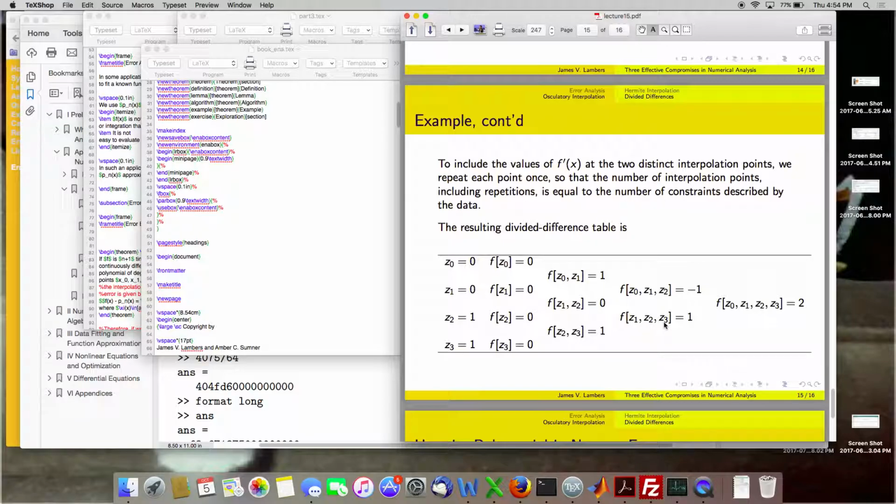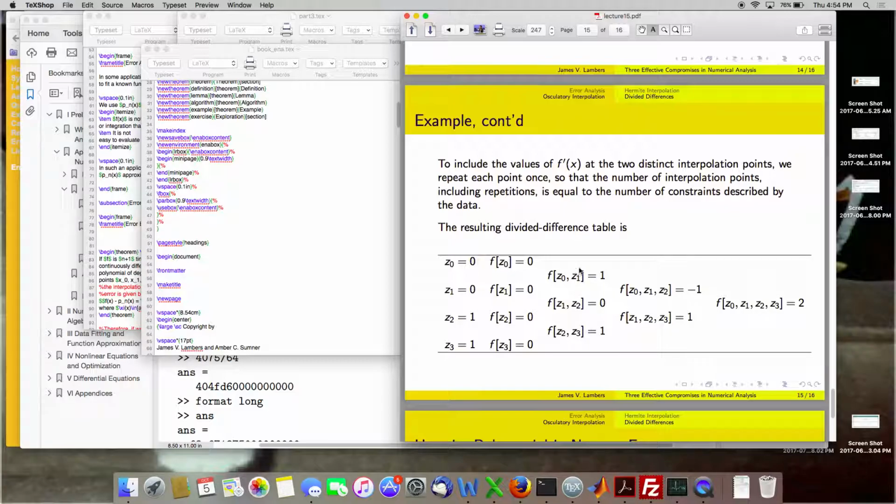Again, they're distinct, so there's no problem. And then finally, this divided difference is going to be this minus this divided by the extreme z value, z3 minus z0. And again, that's well defined. So you go ahead and fill out your divided difference table, taking the derivatives into account in this column, where the first order divided differences are.